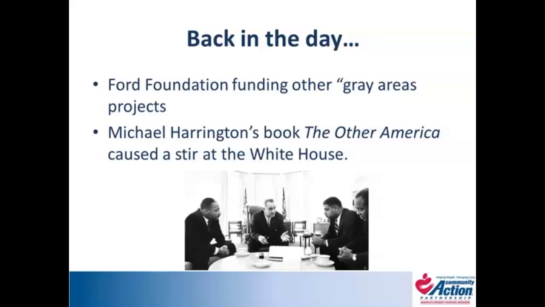If you're a geek on history, I'd find a copy. It's not that big. It's interesting to read a book written at that period of time in terms of some of the language that's used, but it really talked about the other America, and it really caused a stir.